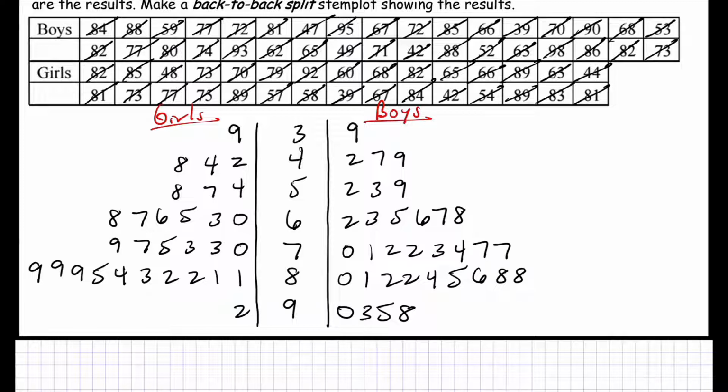From where to where? From 60 to 89, yeah, I would say those are the three big. The other ones are fairly smaller. So similar spot, right? That's where the cluster was. So yeah, that's a back-to-back stem plot.